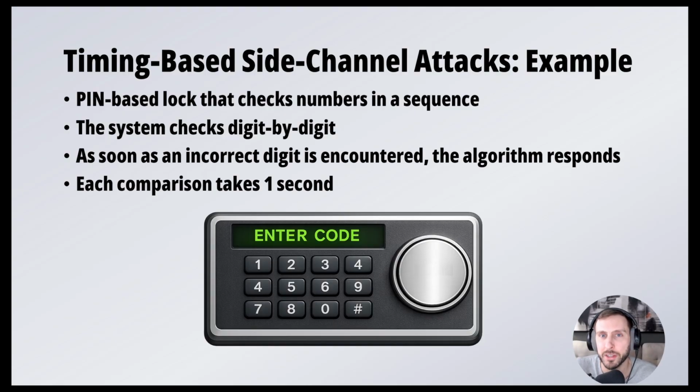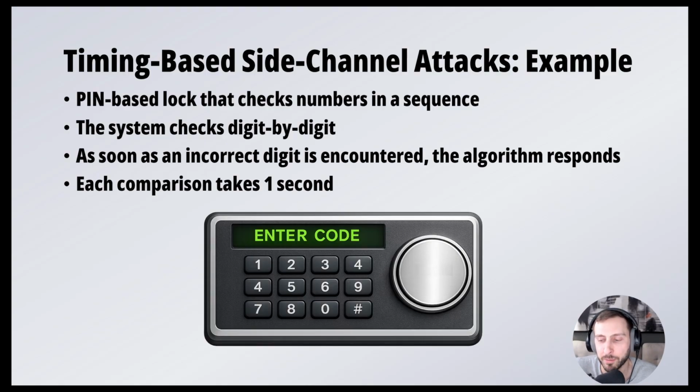Once you enter those 4 digits, it sends that data to whatever piece of code is going to determine whether the pin that you've sent matches the pin that has been saved that's been used to initiate the lock. And if we assume that the mechanism does a comparison digit by digit, as soon as it encounters a first incorrect digit, incorrect being a non-match against the correct pin, it returns.